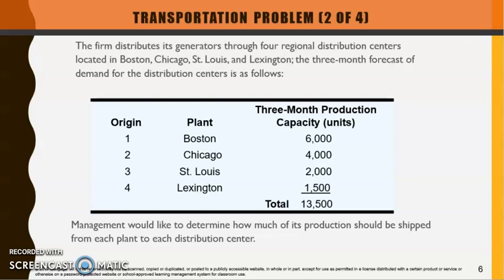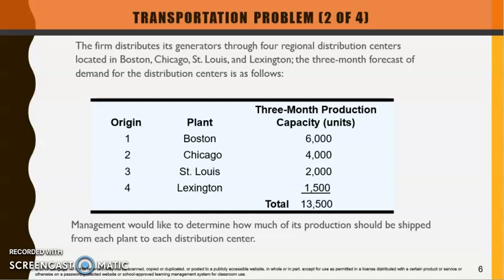The firm distributes its generators through 4 regional distribution centers located in Boston, Chicago, St. Louis, and Lexington. The 3-month forecast of demand for the distribution centers is as follows.